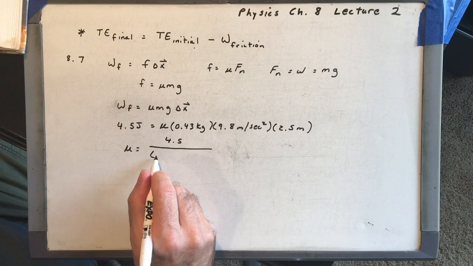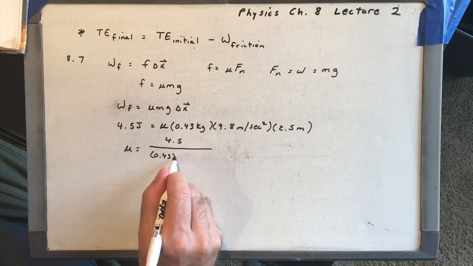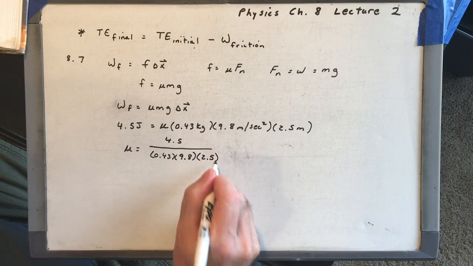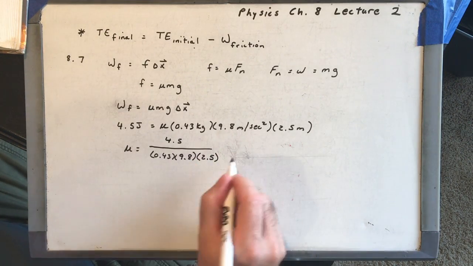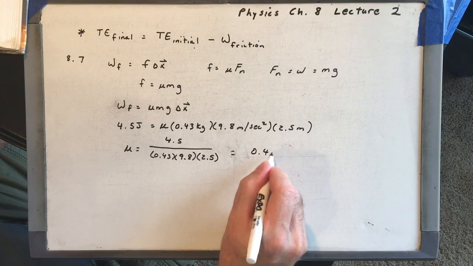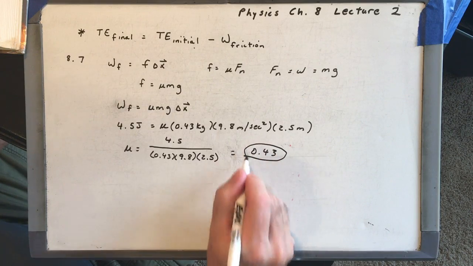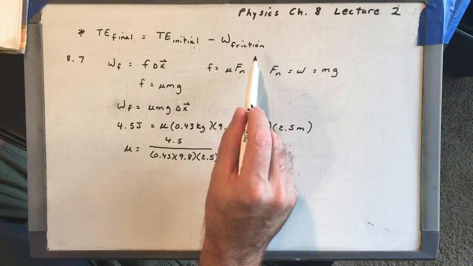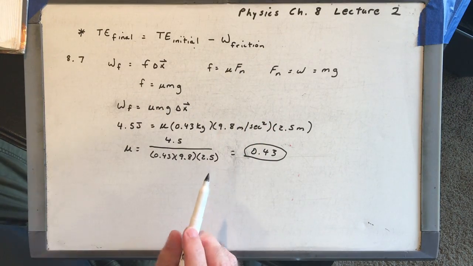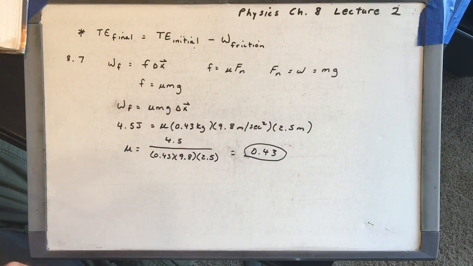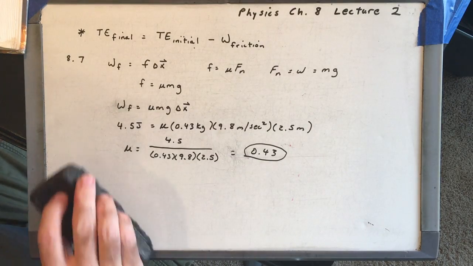I'm going to dispense with the units here. Of course, the units will cancel. Mu is dimensionless. Okay, and that's 0.43. Okay, so we didn't have to use this equation here because we were given the work done by friction. Okay, and so you'll end up using the concepts in here plus this equation in just a little bit, and we'll kind of put both of those together. So pause the video if you need to.